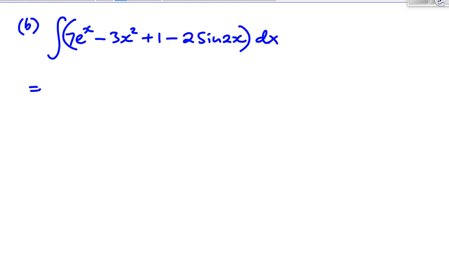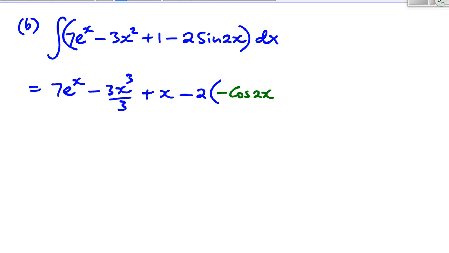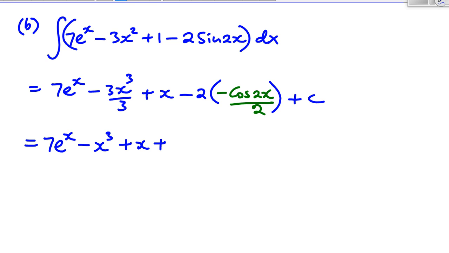I'll end up with 7e to the power x, that doesn't change, minus 3x cubed over 3 plus x minus, now 2 sine 2x will be negative cos 2x over 2, plus c. If I simplify this, I'll end up with 7e to the power x minus x cubed plus x plus cos 2x plus c.